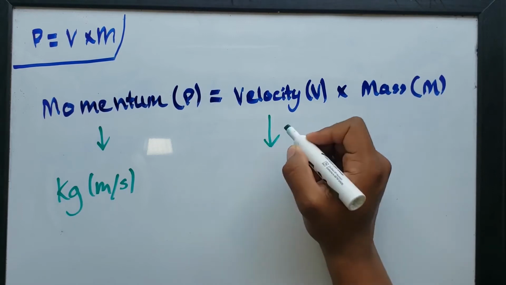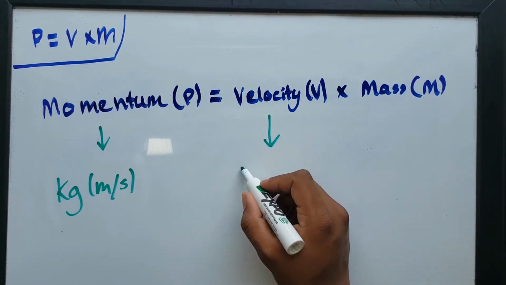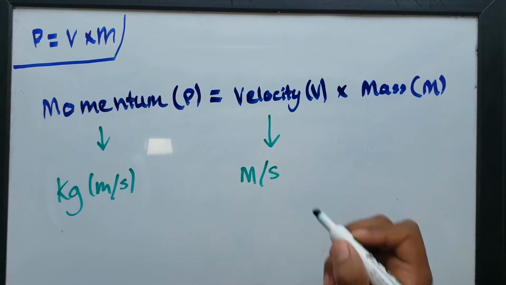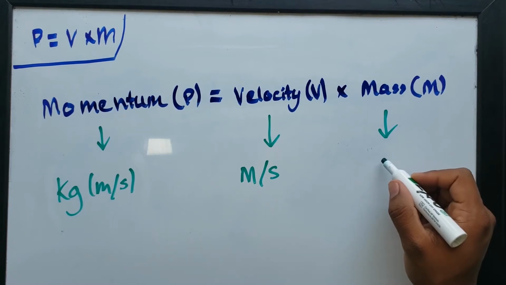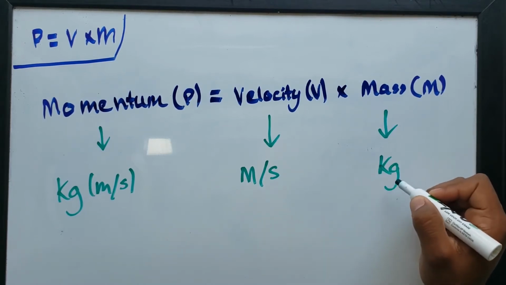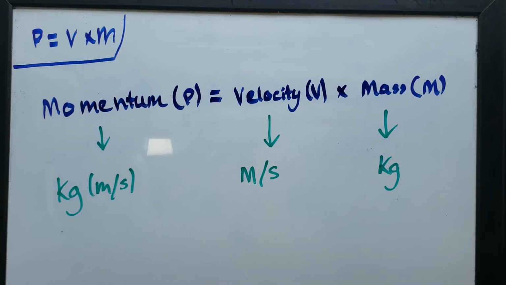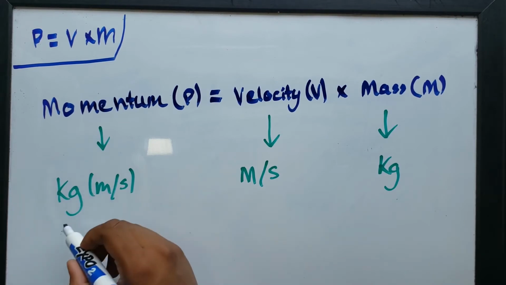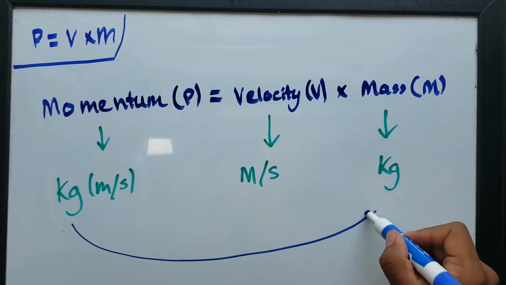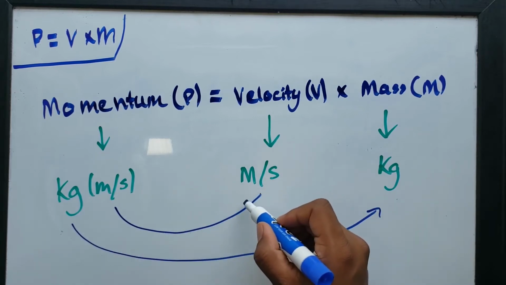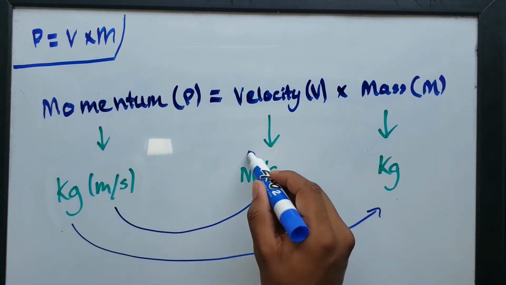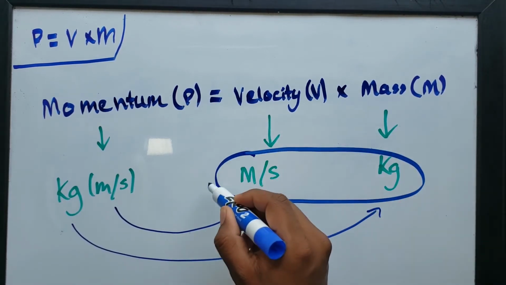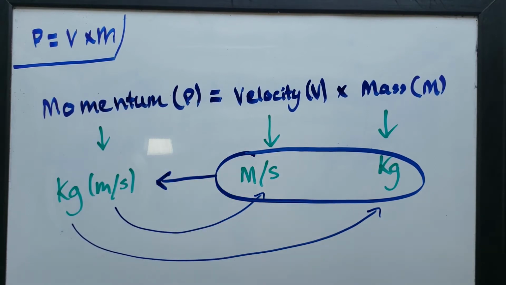Velocity is expressed as meters per second, and mass is expressed in kilograms. You can see that if we break down the unit for momentum, kilograms comes from the mass, and meters per second comes from velocity. Put these together, we get kilograms meters per second.